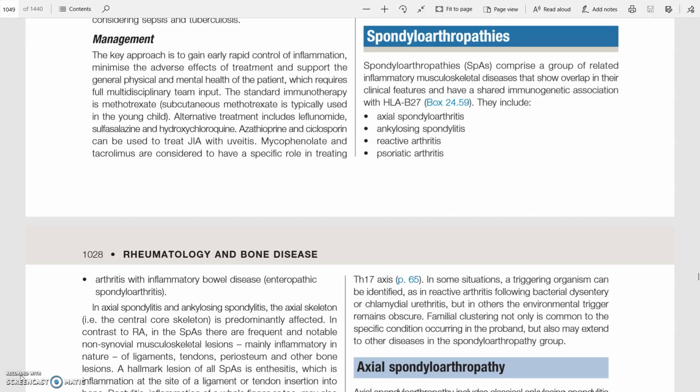Now, let's talk some basics about HLA-B27. The name itself implies that it's a type of HLA-B, or human leukocyte antigen B, and the specific type is HLA-B27, right? We all know that HLA is related to MHC, the major histocompatibility complex.